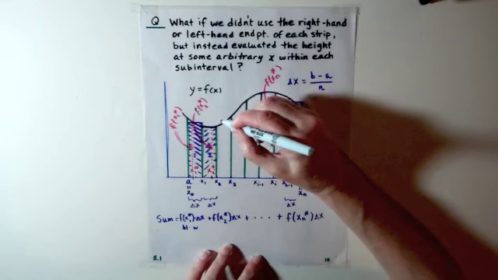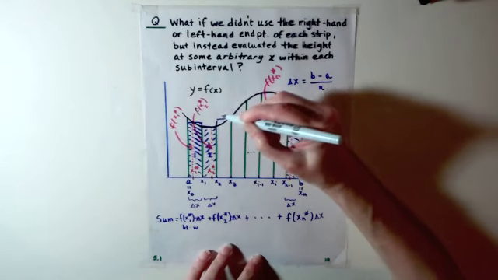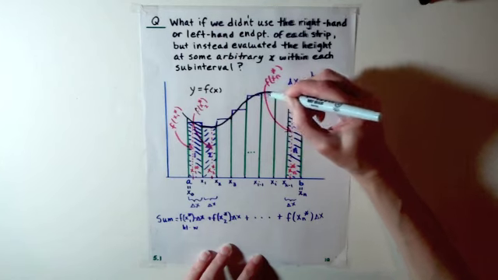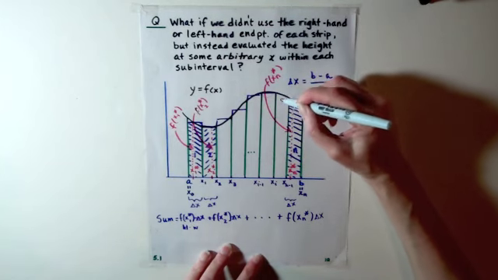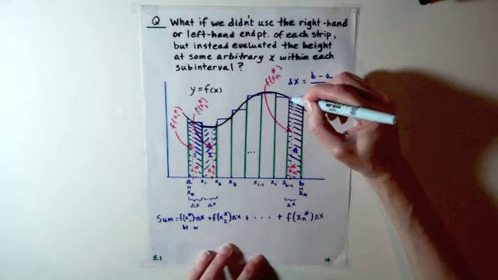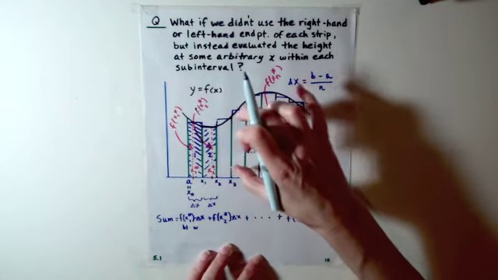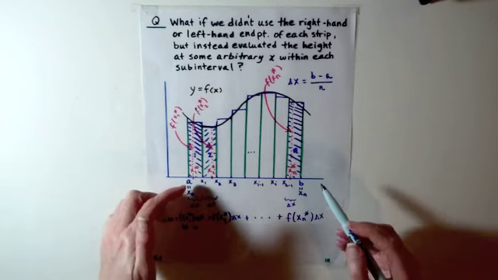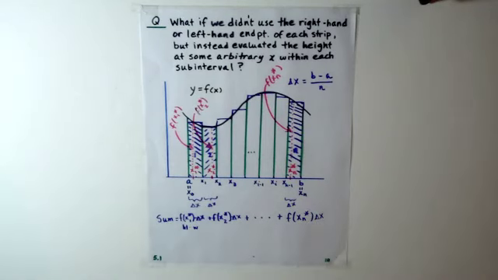And if you want to, you can draw in a bunch of rectangles that have heights evaluated at some intermediate value that you choose on each subinterval, and try to convince yourself that the sum of all of these areas will be an approximation for the area under the curve from A to B.